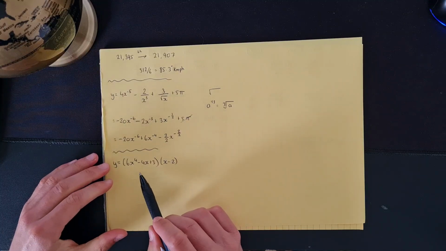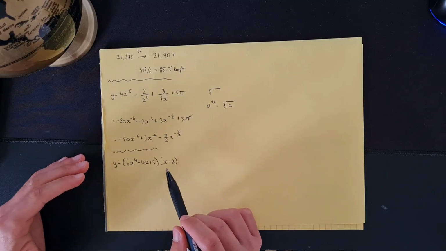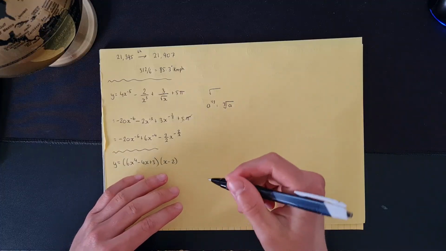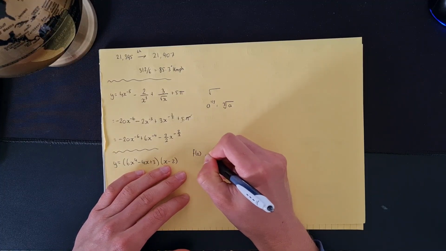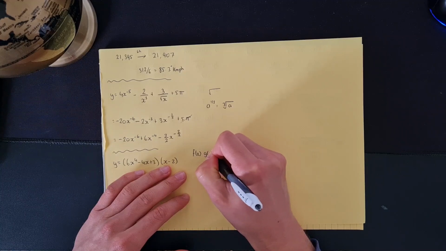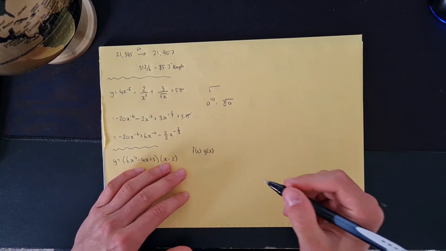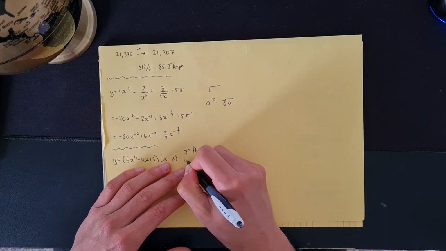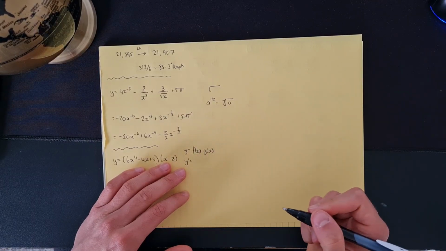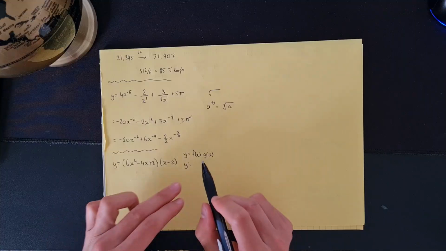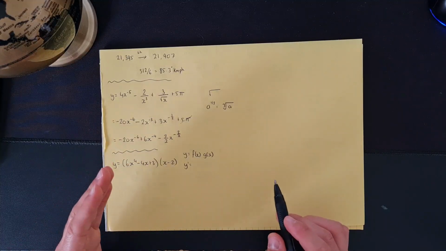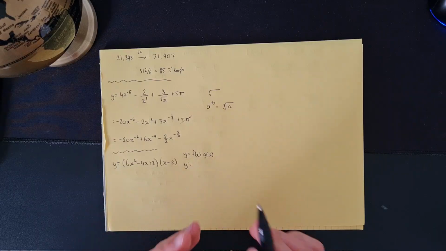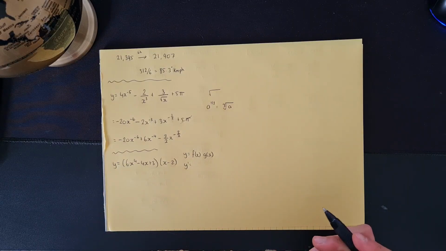So basically what we can see is we have two different functions that are being multiplied by one another. And the product rule states that when we have something like that, the first derivative is going to be equal to the first derivative of f of x times g of x plus f of x times the first derivative of g of x.